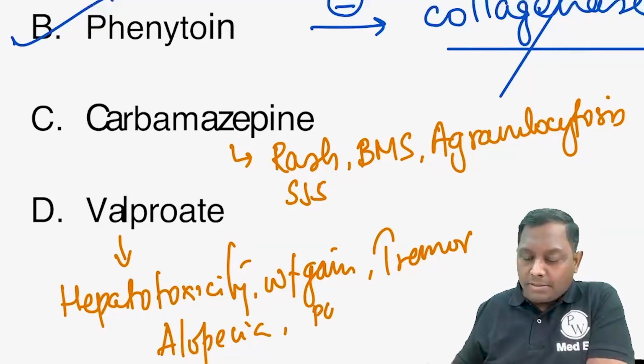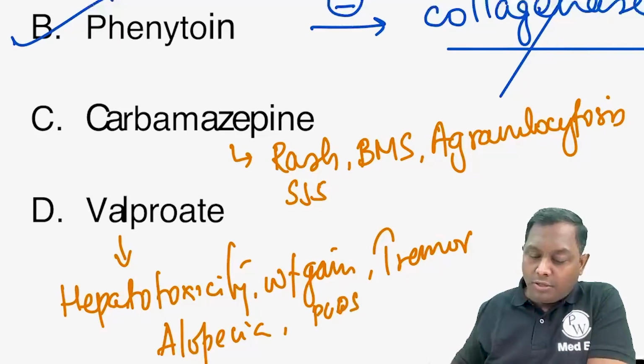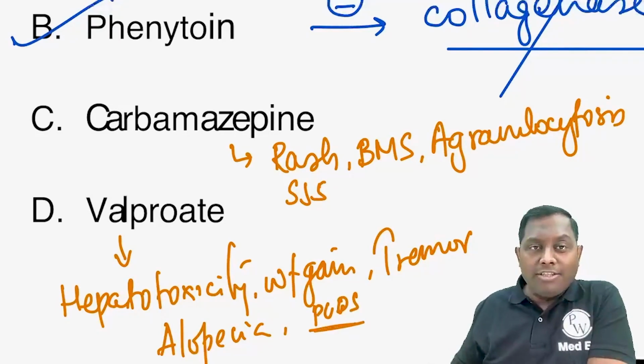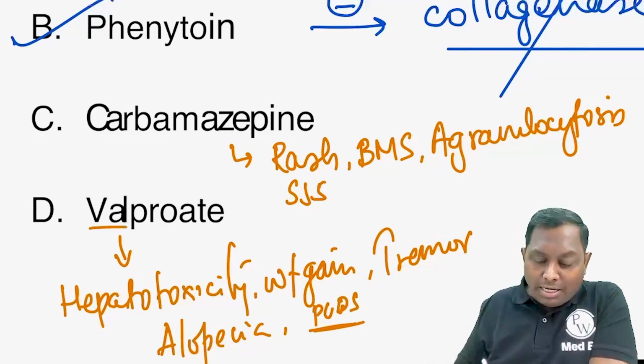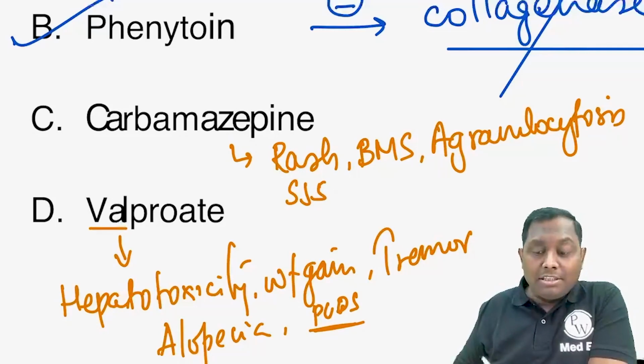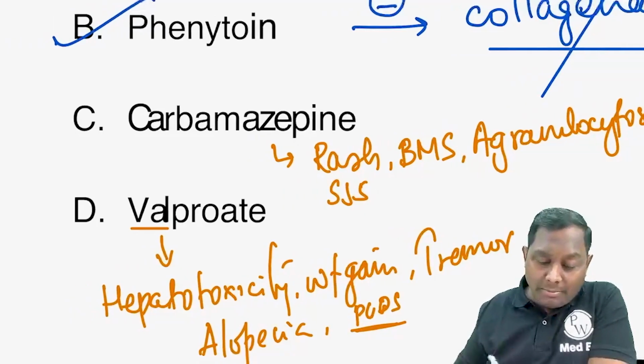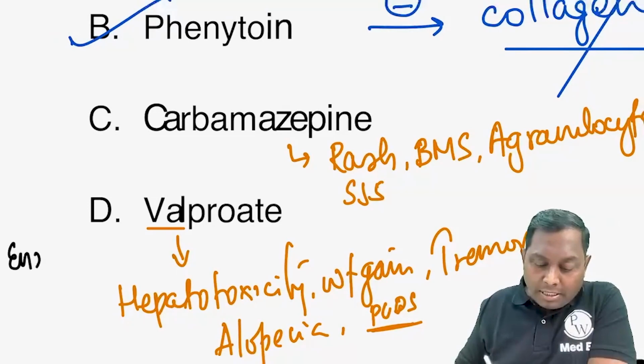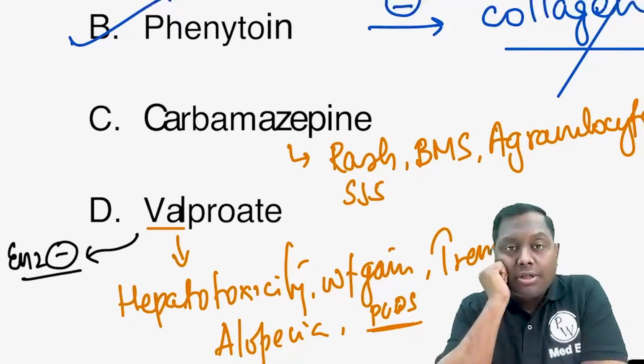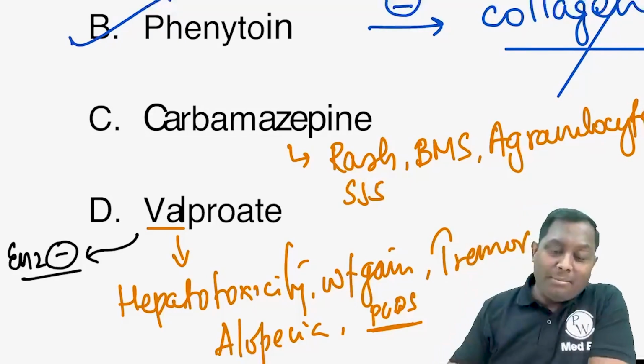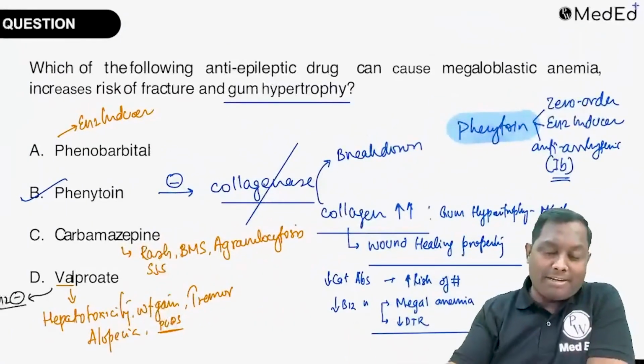Okay. A gender-specific side effect is polycystic ovarian syndrome. And haven't we already read that it inhibits the enzyme? That means this is one of the potent enzyme inhibitors. Valproate is one of the potent enzyme inhibitors. All other anti-epileptics are enzyme inducers; this is the one enzyme inhibitor anti-epileptic drug. Okay.